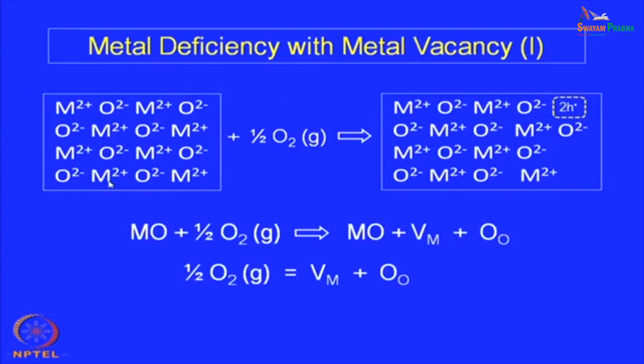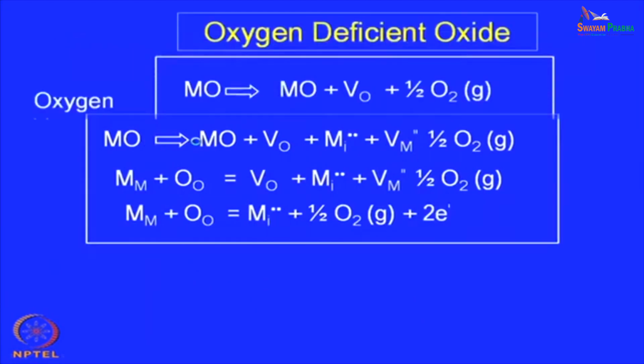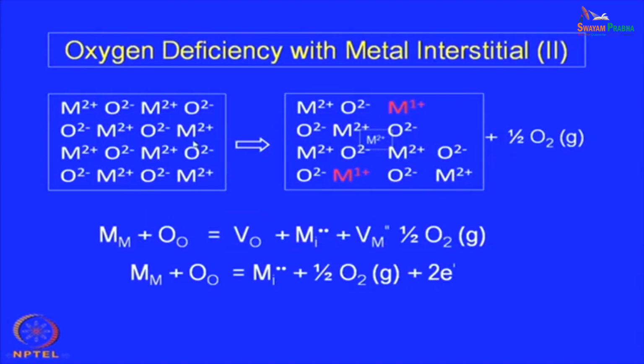In an identical manner, we can talk about metal deficiency. We have talked about oxygen deficiency, now we are talking about metal deficiency. It is more or less the same situation, just in a reverse manner. Here we are adding oxygen, earlier we were releasing oxygen.